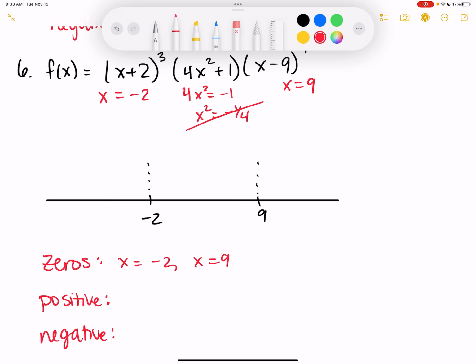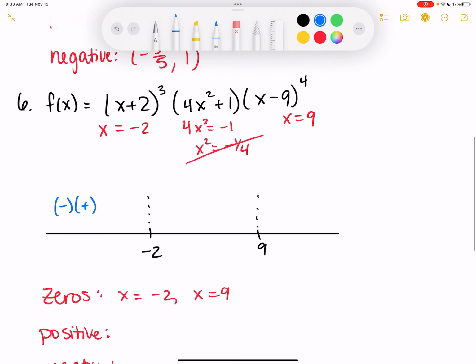So plugging in a value, if I go with negative 3 plus 2, that's negative. Cubing a negative stays negative. Negative 3 squared becomes positive. Everything else is positive, so that's positive. Then for the last one, it does not matter what the value is inside because anything raised to an even power is what? Positive. So this first region is negative.